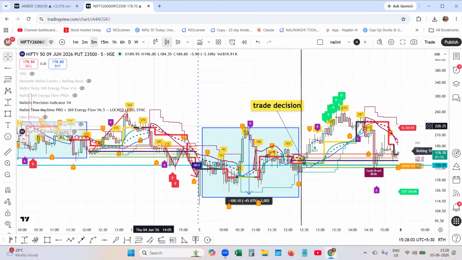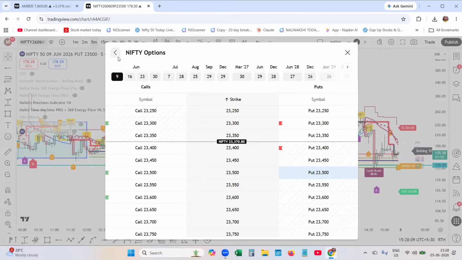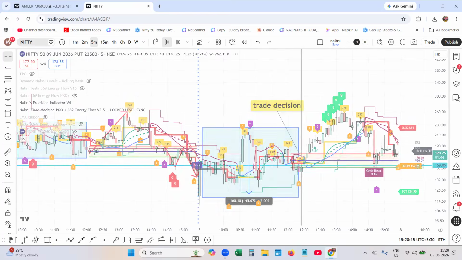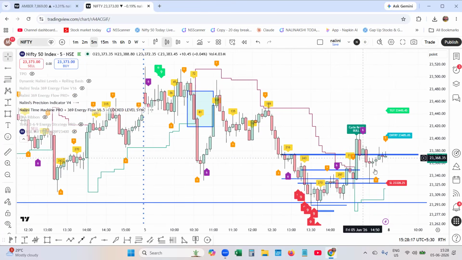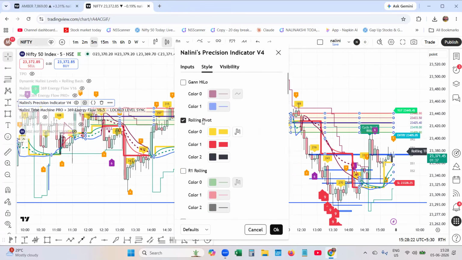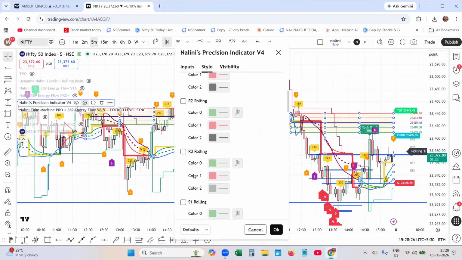What you can do is track both. Suppose, let me apply the Nifty underlying indices, you get the straddle. Let me enable the Nalini Precision Engine. Morning layers are very, very essential for trading.